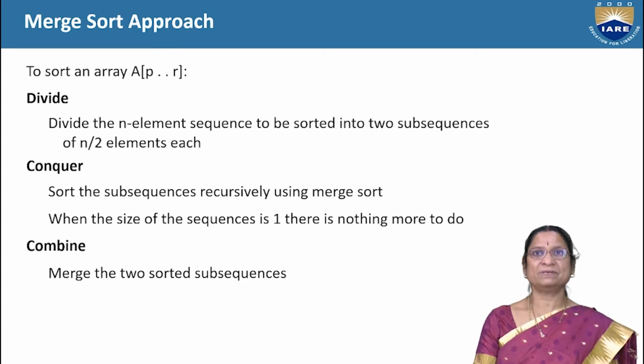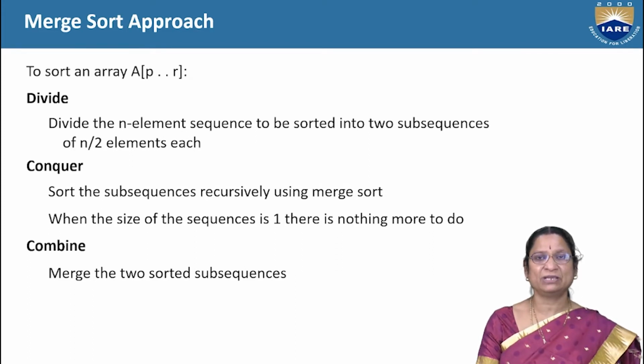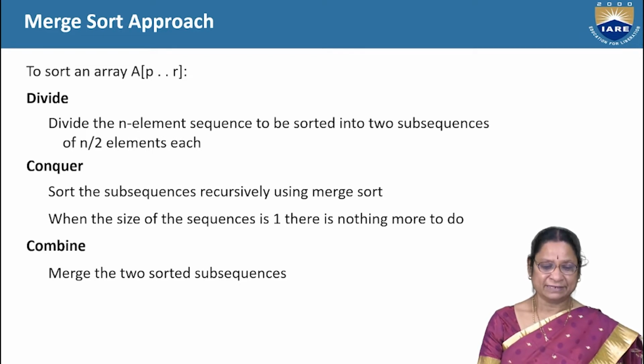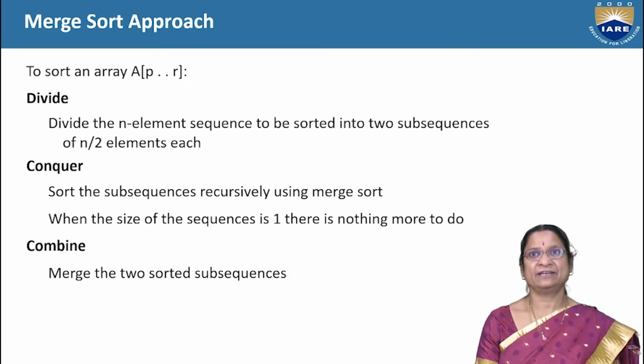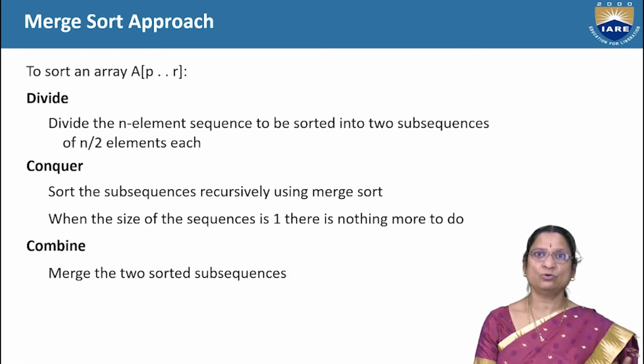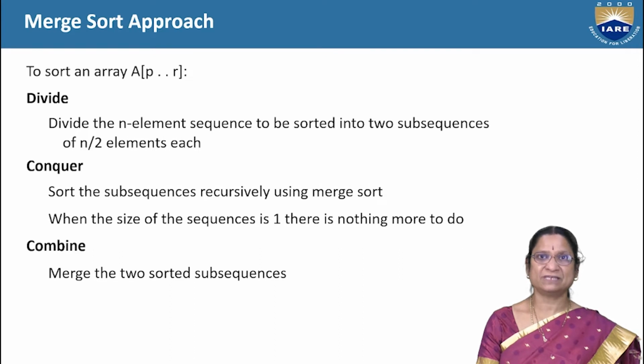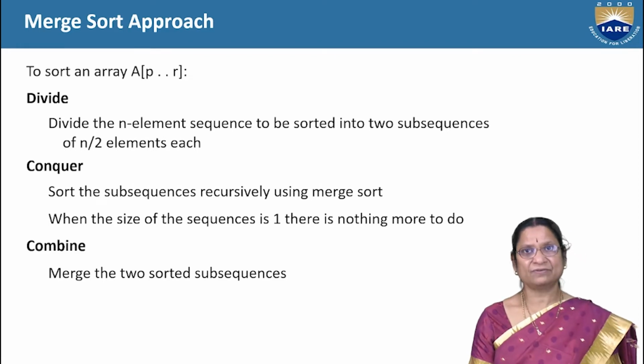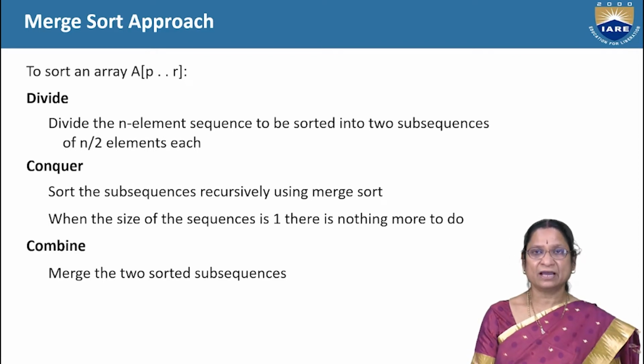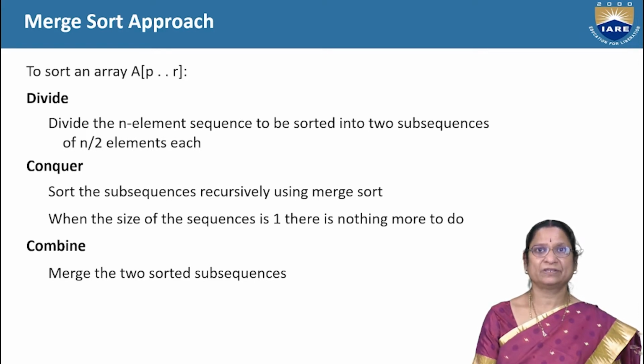Merge sort means, the term itself indicates, merge. The merging operation is going to be included in this merge sort technique. To sort an array of elements, we have to divide our array of elements into two halves, two subsequences, in other words two sub-arrays, and sort the subsequences recursively until each subsequence contains a single element.